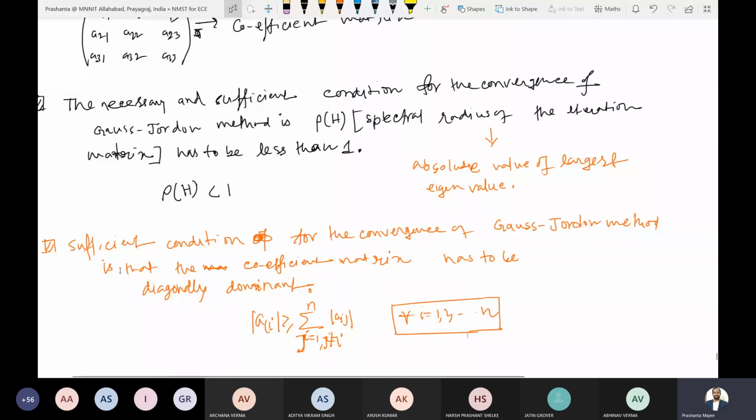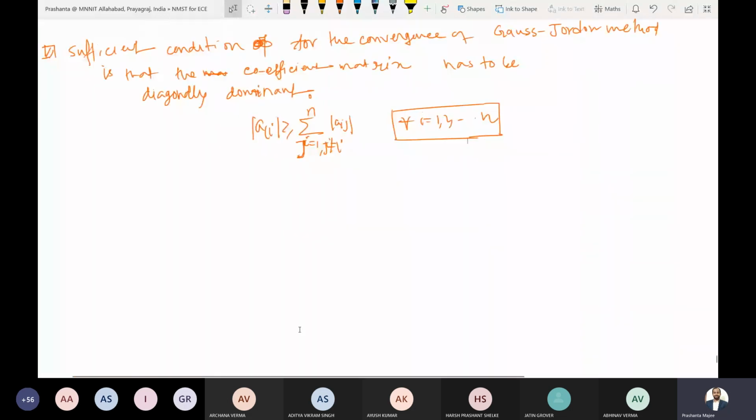So let me write down a few matrices and you tell me whether they are diagonally dominant or not. What about this matrix? 4 1 1, 3 5 1, 0 5 9. Is it diagonally dominant?